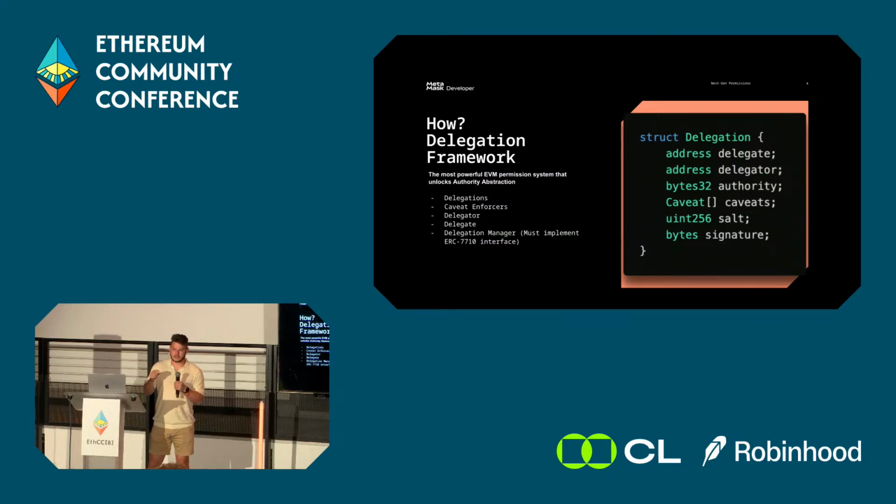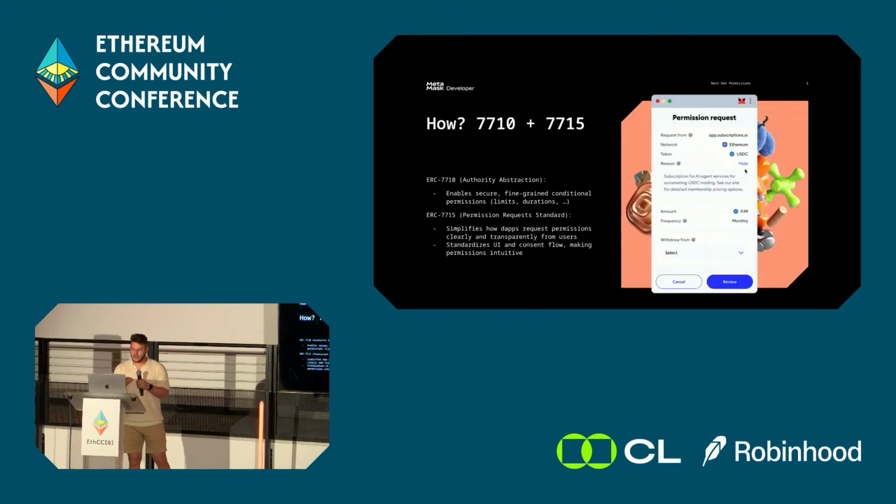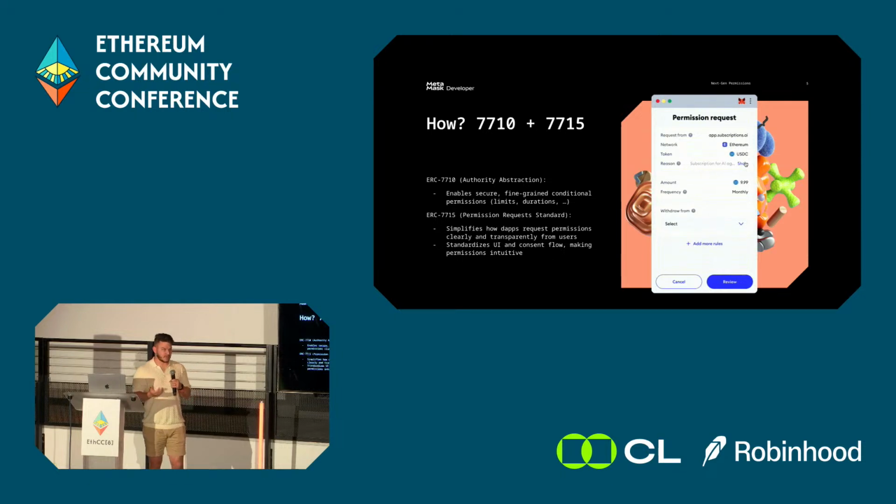That's a huge piece of the delegation framework. What it does is it has to implement ERC 7710, which is the interface for redeeming delegations. That delegation manager is the one who validates the delegation and makes sure the authority that's being acted upon is within the certain limits.